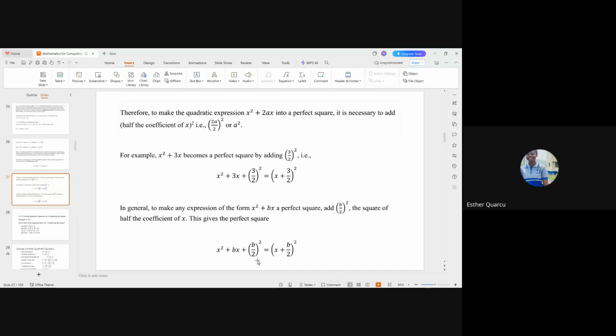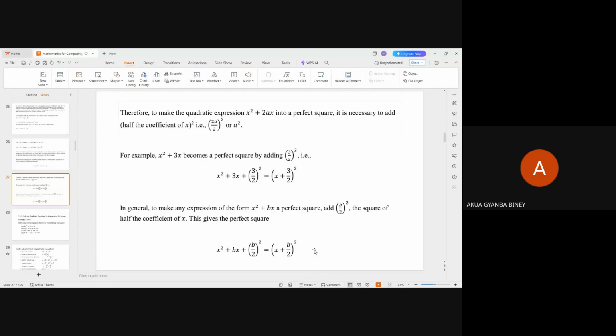So, madam, the question will come without the 9 part, so we would have to divide the b over 2 and then square it. Exactly. It can give you this or give you that. So the expression that was given was just this part, x squared plus bx. So how did you get this to finally complete the square?